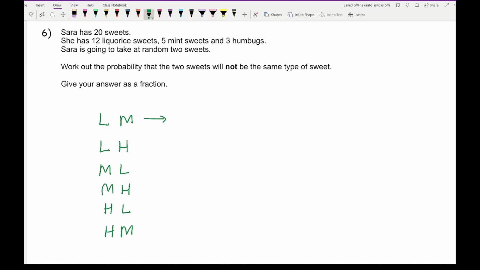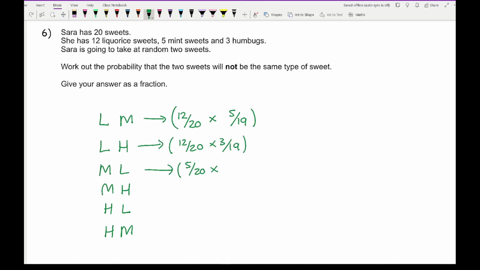So licorice first is going to be 12 over 20 times mint, which is 5 over 19, and let me just put that in brackets. Then for the second one, licorice is going to be 12 over 20, and then humbug is going to be 3 over 19. And then mint and licorice is going to be 5 over 20 times licorice, 12 over 19.